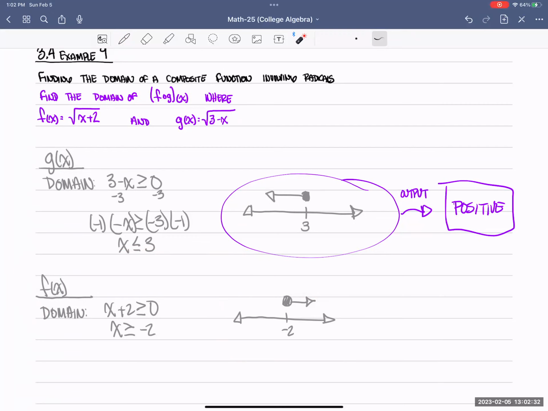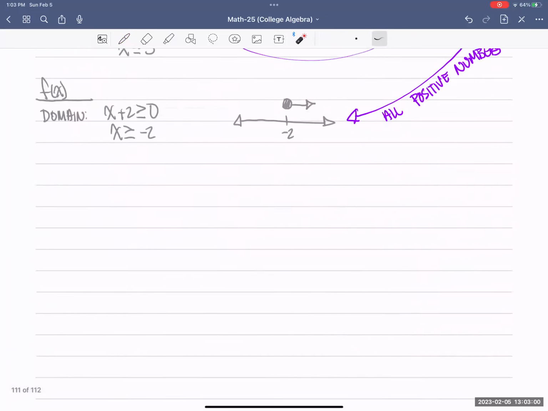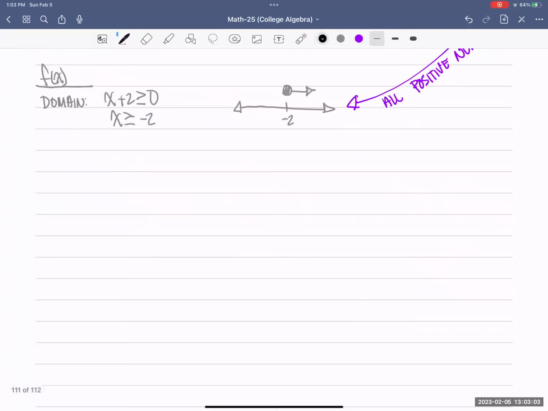Because positive numbers are all greater than or equal to negative 2, all positive numbers live in this value here. I know it's pretty difficult to see, so let's actually just find the composition of these two functions, f of g of x. That will make a lot more sense when explaining this.